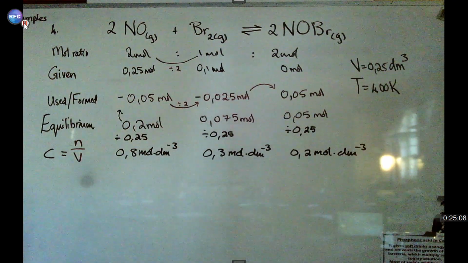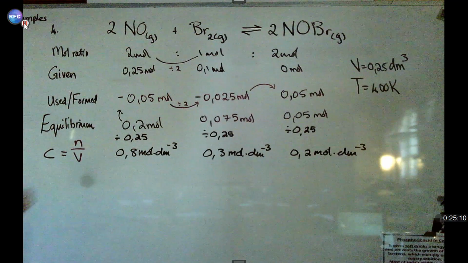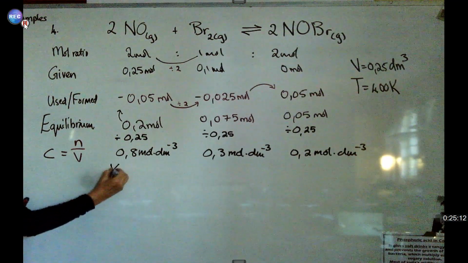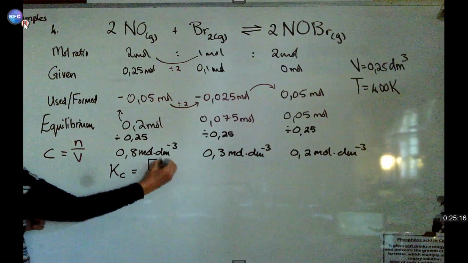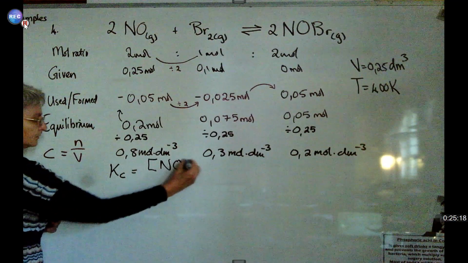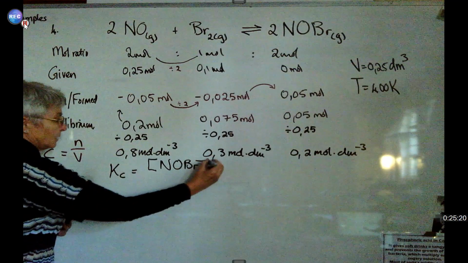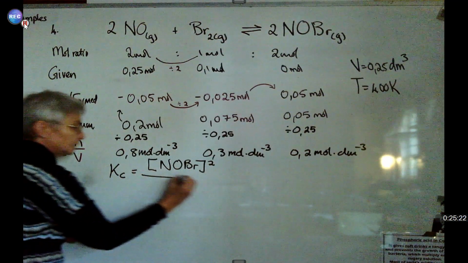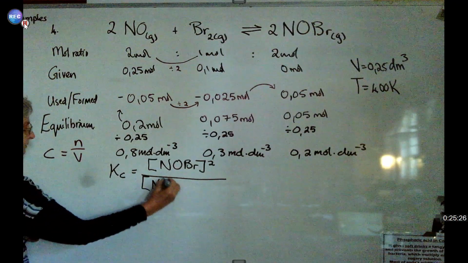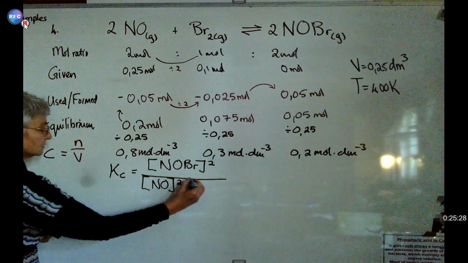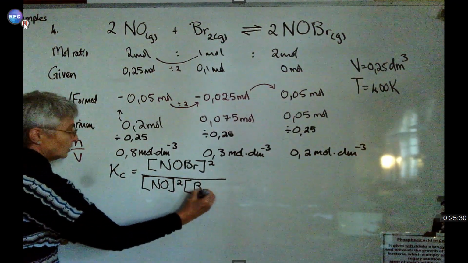And now we are left to write the expression for Kc, which is the concentration of NOBr to the power 2 divided by the concentration of NO to the power 2 times the concentration of Br2.